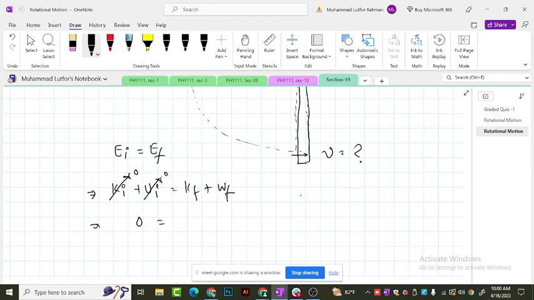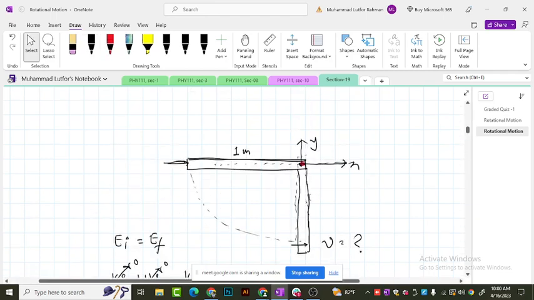What should be the final kinetic energy? It would be only rotational kinetic energy, right? Half of I omega square. And there should be a potential energy that I'll write. Yes, is there any question? Sir, can you explain the potential energy part? So initial potential energy.